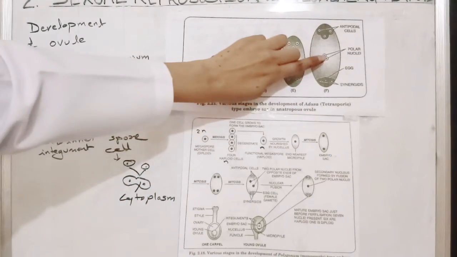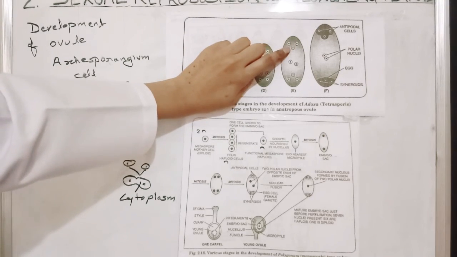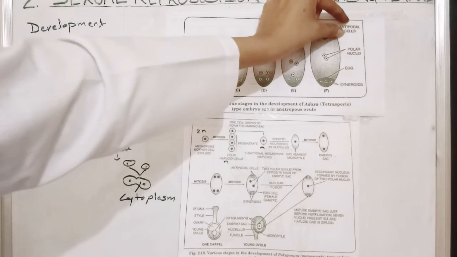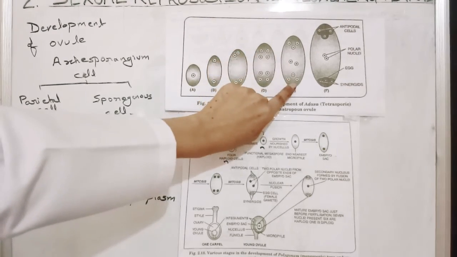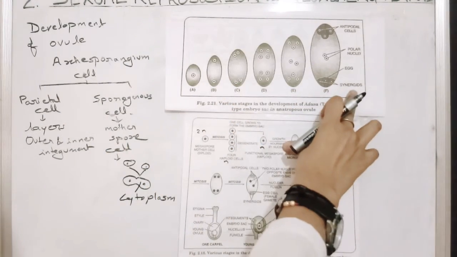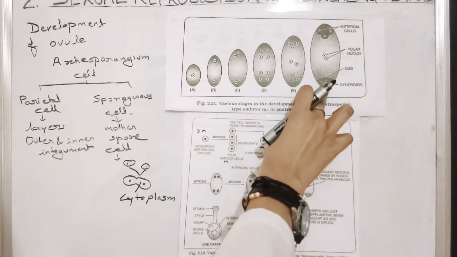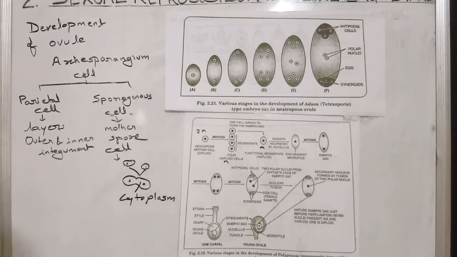So these are the 2 polar nuclei, and the remaining three nuclei at the opposite pole are called antipodal cells. Out of the remaining 3 nuclei, 2 nuclei form synergids and 1 nucleus forms the egg cell.